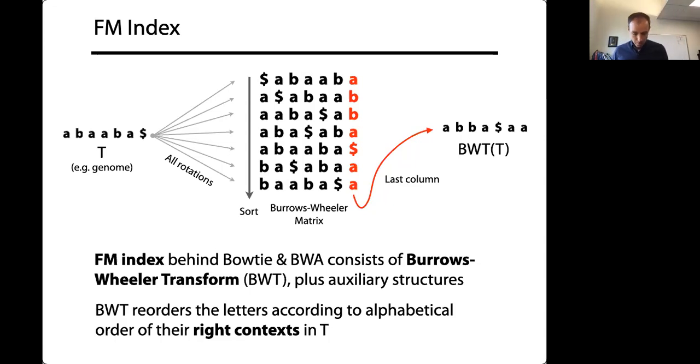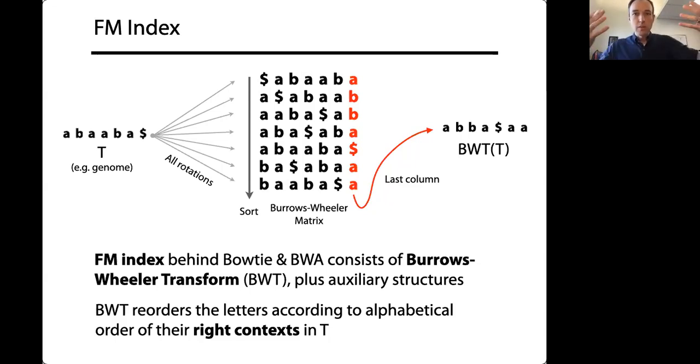So the Burrows-Wheeler transform, which is at the core of the FM index, which is in turn at the core of alignment tools like Bowtie 2, BWA, and things like that. It's basically a way of taking a text. This might be a genome. It might be a collection of genomes. It might be 2, 3 genomes. A way of taking a text and simply reordering the characters of that text in such a way that the internal structure, repetitive structure of that text sort of comes to the surface.